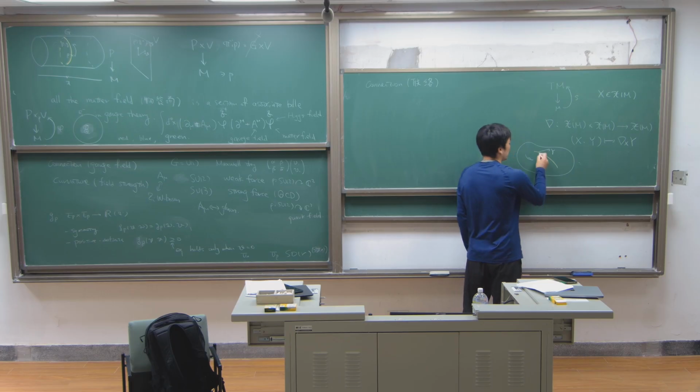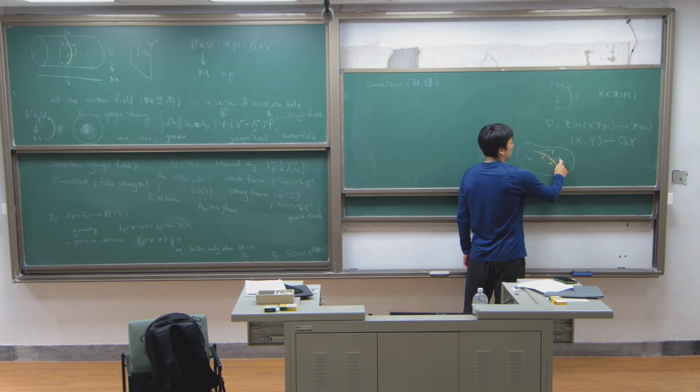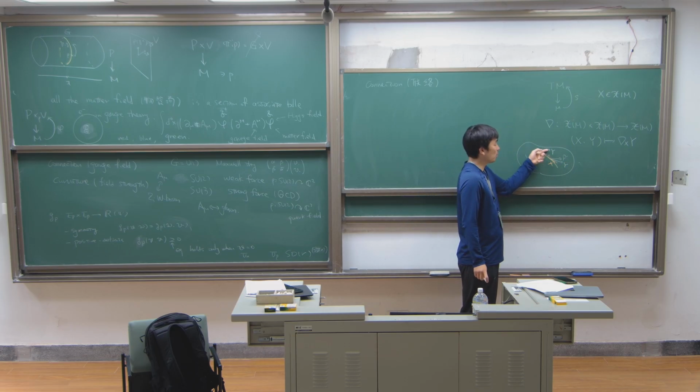This curve is essentially the flow of X. And then the parallel transport of Y. If you do the parallel transport of Y, then the difference between the vector field Y and the parallel transport, so this original Y to the Y tilde is this parallel transport.